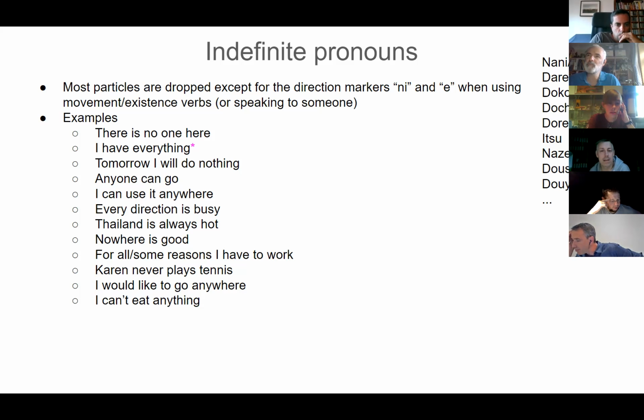So what's the potential form of 食べる? 食べられる? Good. In the negative? 食べない? That's just, I won't eat. 食べられない? Yeah, good. 食べられない.